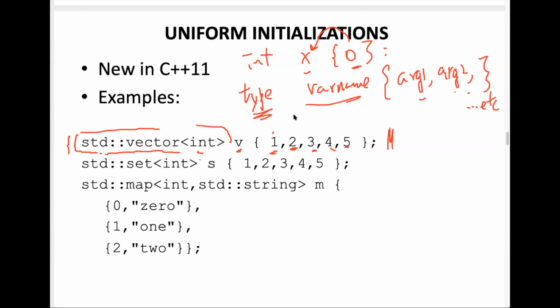If you had to assign values to your vector elements, 1, 2, 3, 4, 5, using a for loop, you have to do that at runtime. But this is all done at compile time. The compiler is capable of creating this vector and assigning values to it without you having to write extra for loops. So that's the point.